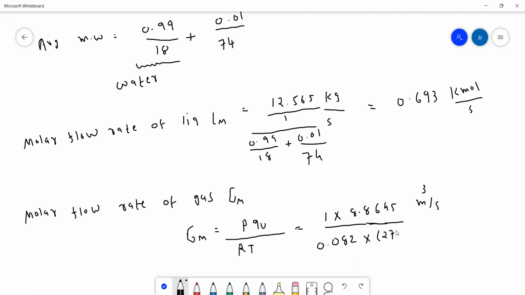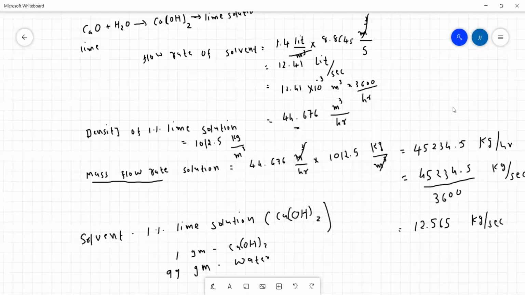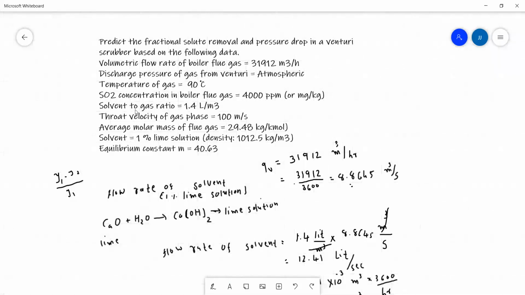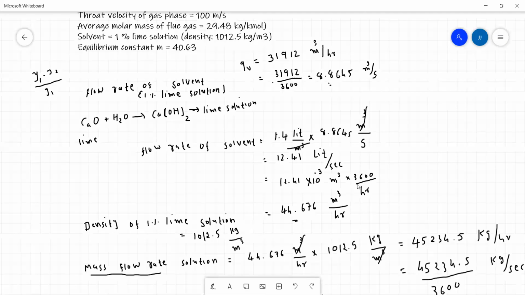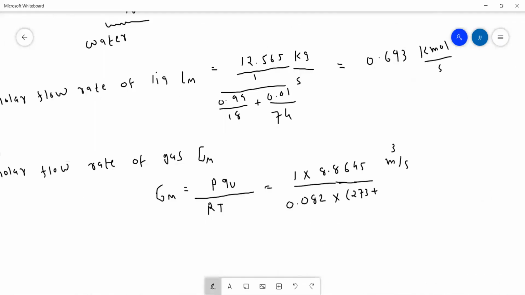So 273 plus the operating temperature. The temperature of gas is 90 degrees centigrade, so 273 plus 90.